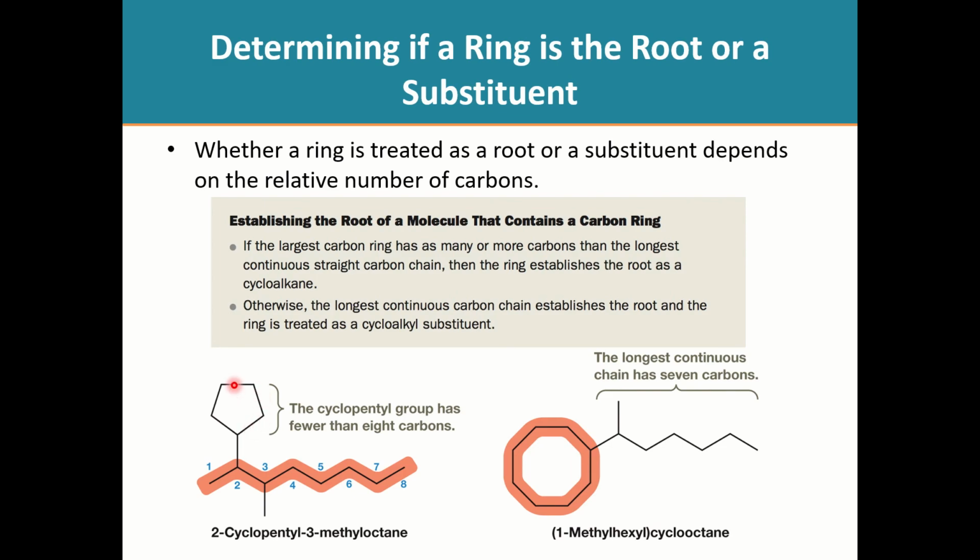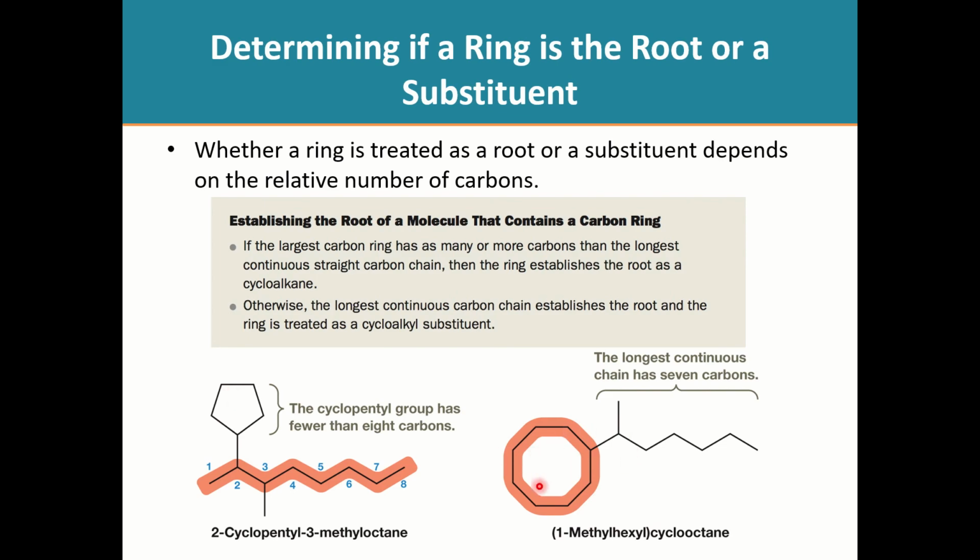How do you know if this is the parent or a substituent? And the trick is you look to find the longest carbon chain. Okay, so ignore the ring for a moment and you just look for the linear carbons and you find and trace the longest chain. If the longest chain has more carbons than the ring, then the ring is a substituent.